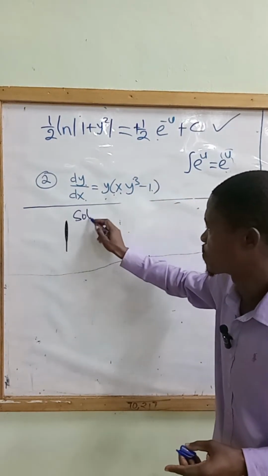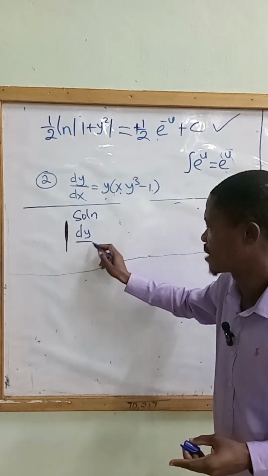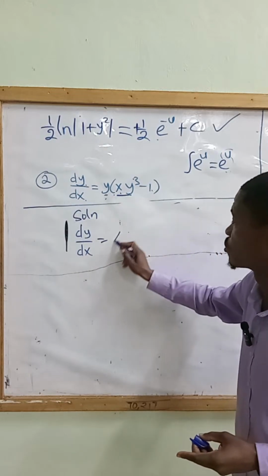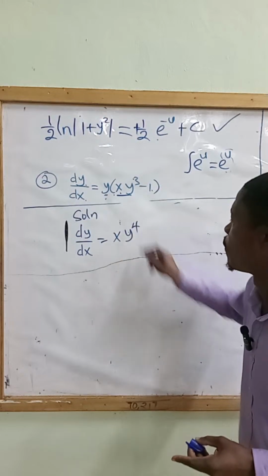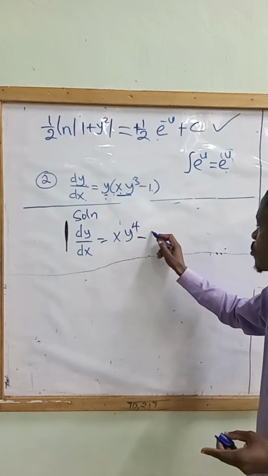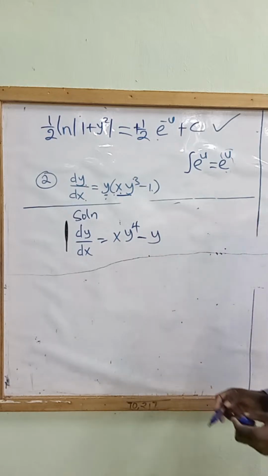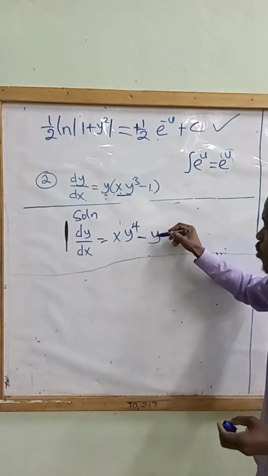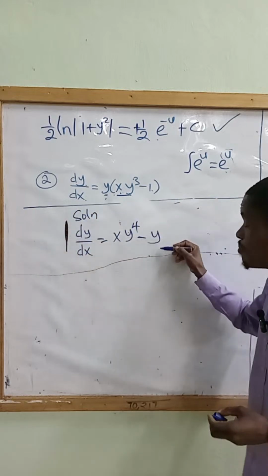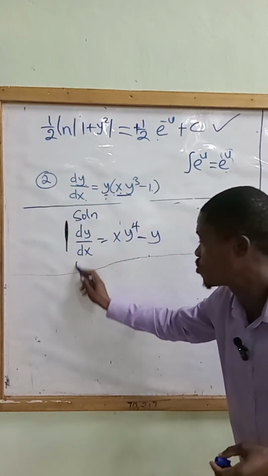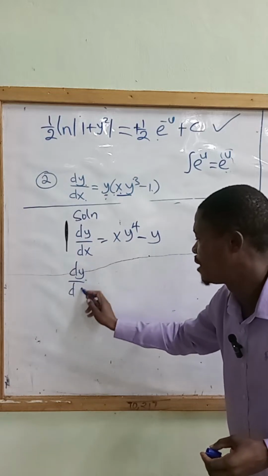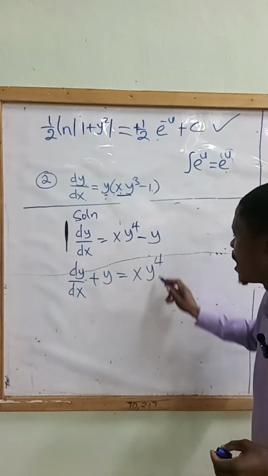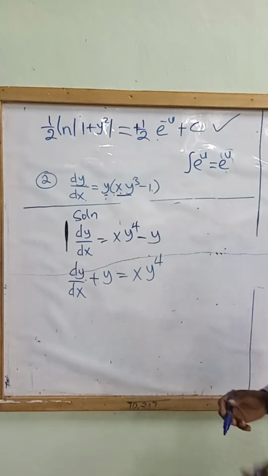This will be equal to dy/dx, and y times xy cubed gives us x y to the power 4, and then minus y. Then we can move this minus y to the other side of the equation. So we have dy/dx plus y equal to x times y to the power 4.